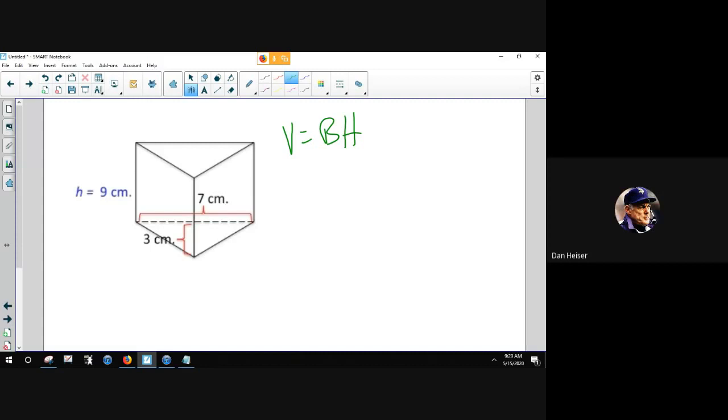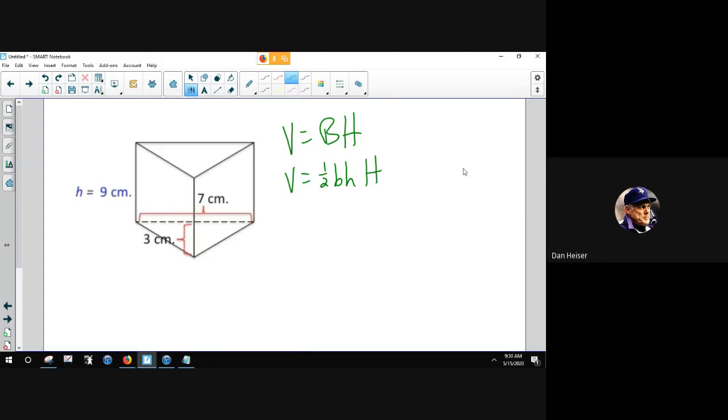Base area multiplied by height. Well, now since our base is a triangle, we'll have 1/2 little b little h, and then we have our big H.